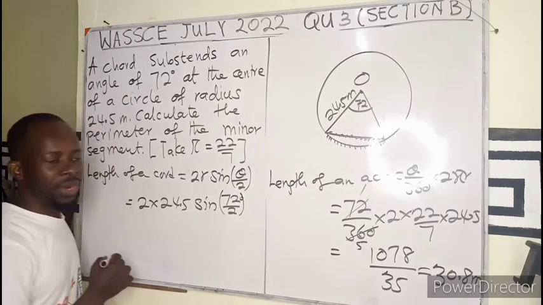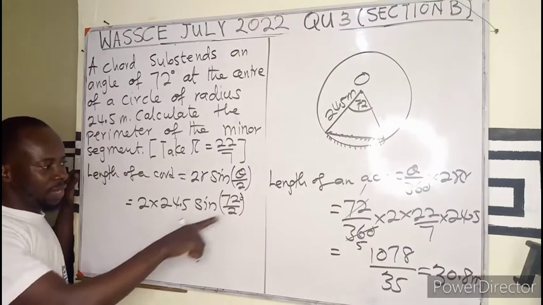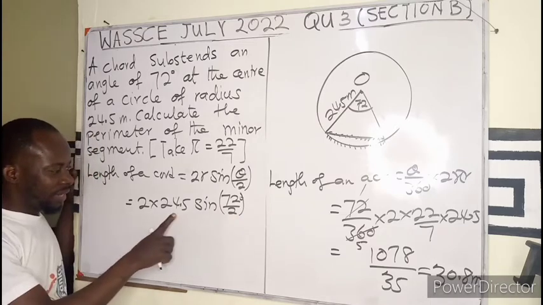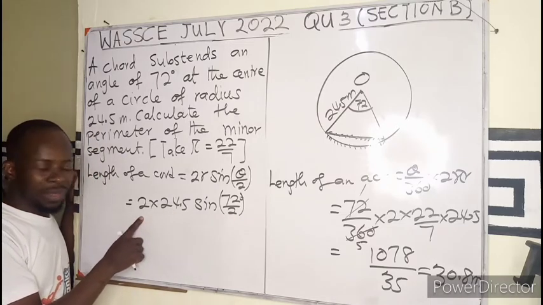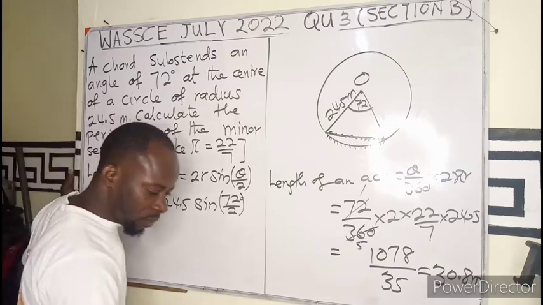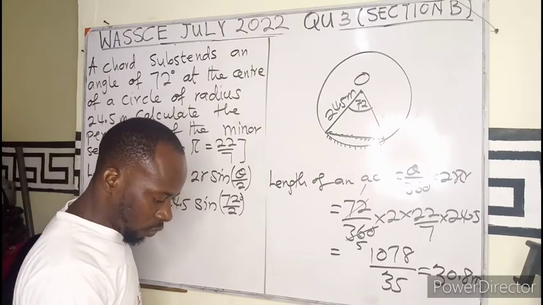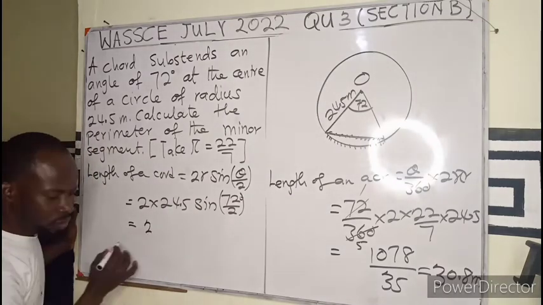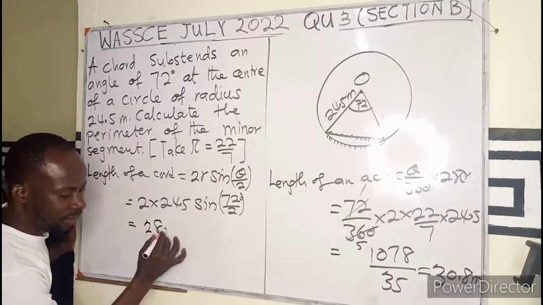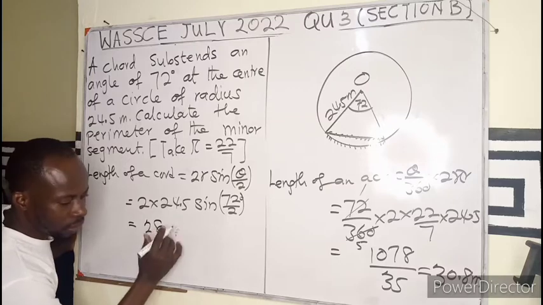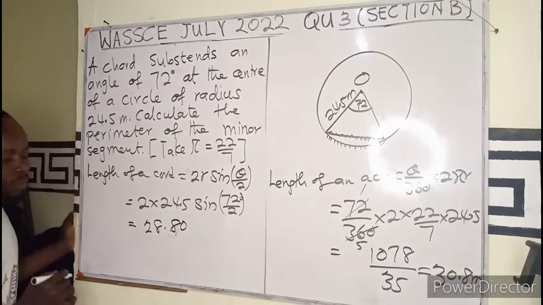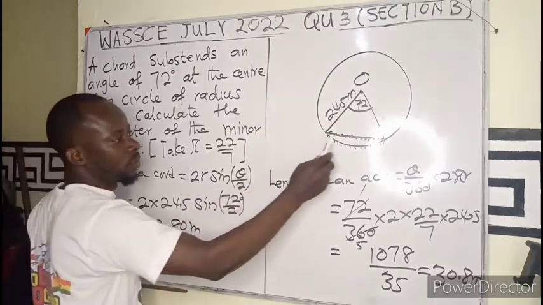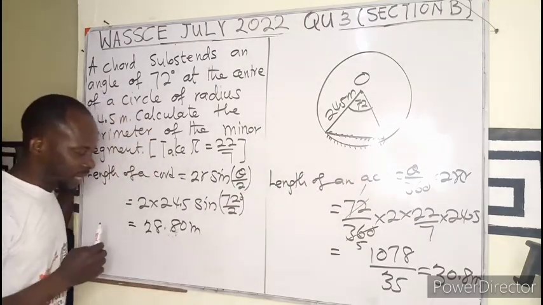I think it is degrees, so we have 36. So sine 36 times this times this. That is going to be 28.80 meters. The length of the chord is 28.80 meters.